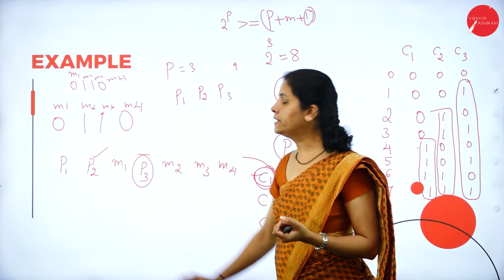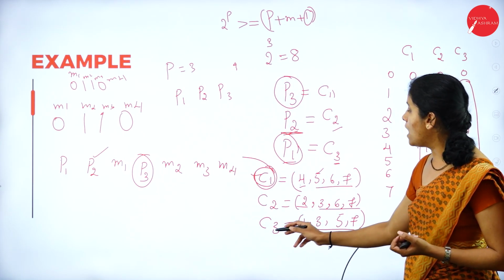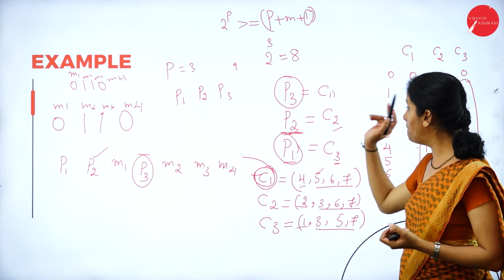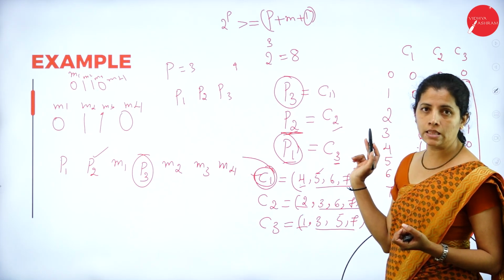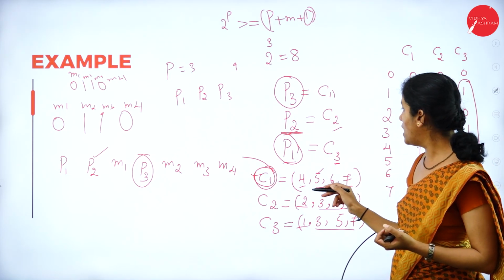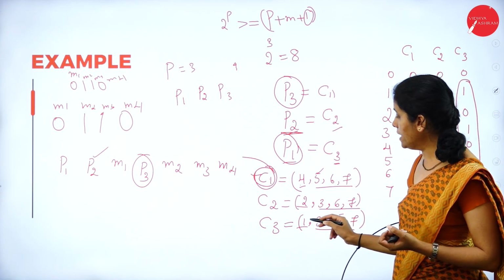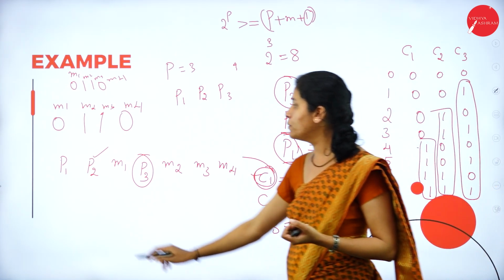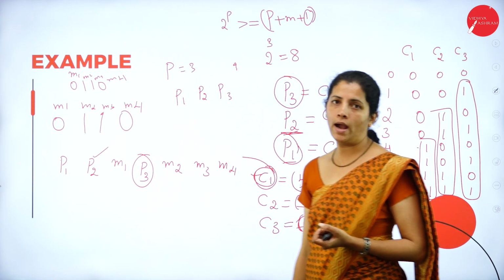So, parity bit 2. Now, if I consider C3, C3 is nothing but P1. In the place of P1, I want to write P1. So, in first place, I am going to write P1.